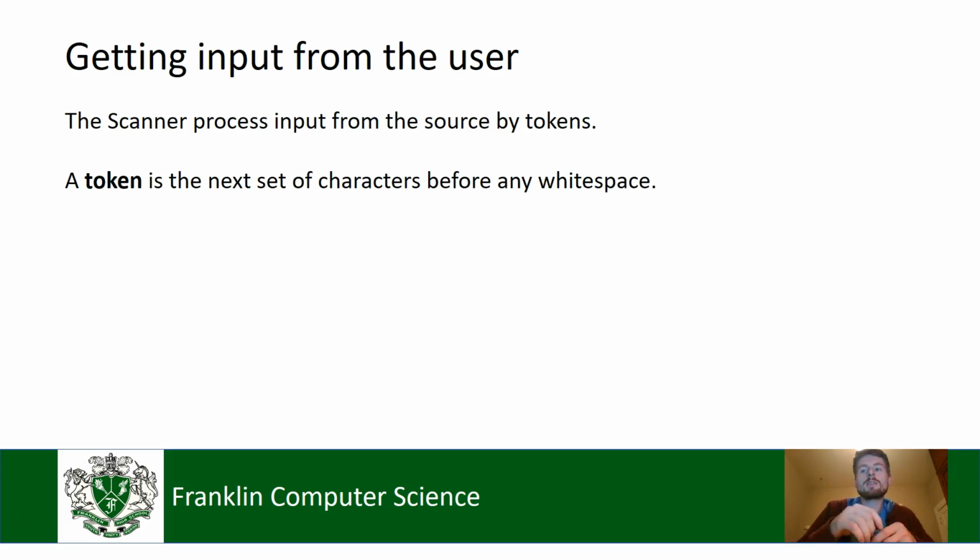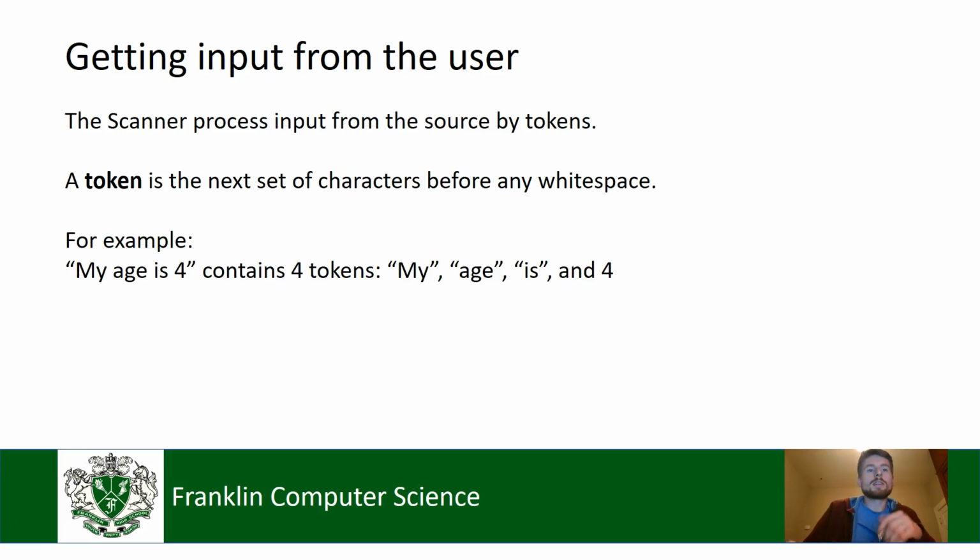The white space could be typing the space bar and putting spaces between things, or if you hit the enter key, that would be putting space into something. So it's going to take all the characters before the next white space, and that's going to be the next token.